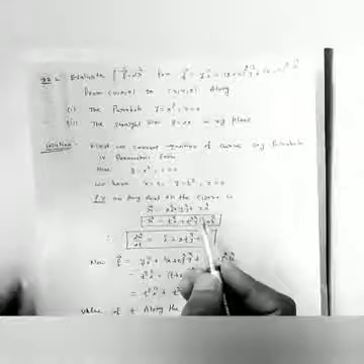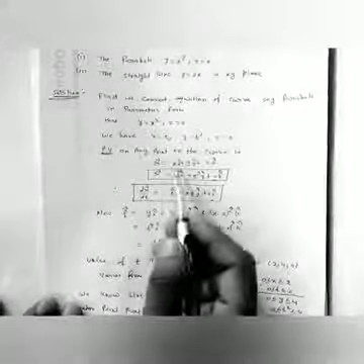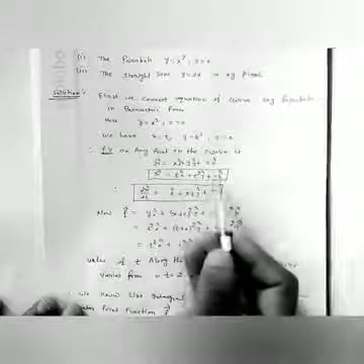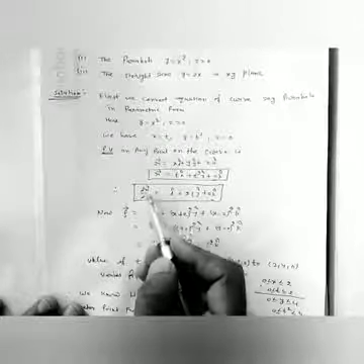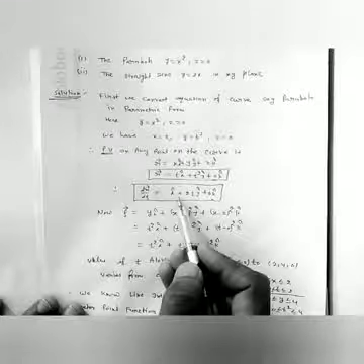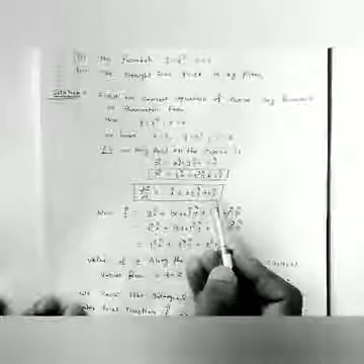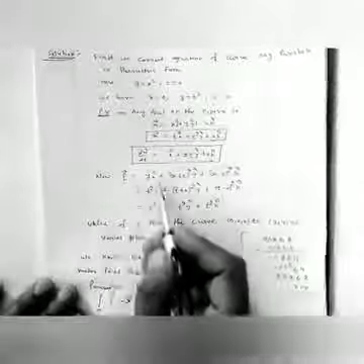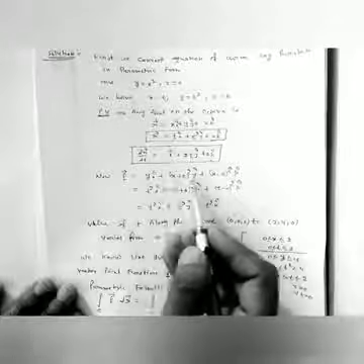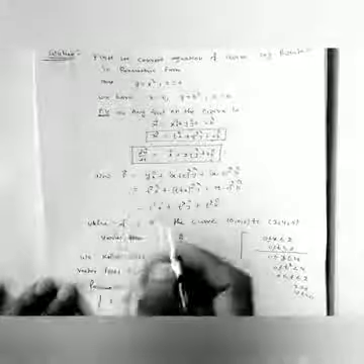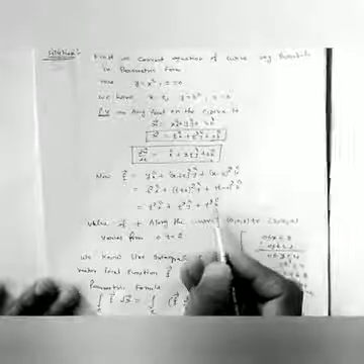Writing this vector in parametric form, putting the values of x, y and z in terms of t, and differentiating with respect to t, we have dr by dt is equal to i cap plus 2t j cap plus 0 into k cap. Now, given that f vector is equal to this term, replacing x, y, z in terms of t, we get the value of f vector in terms of t.